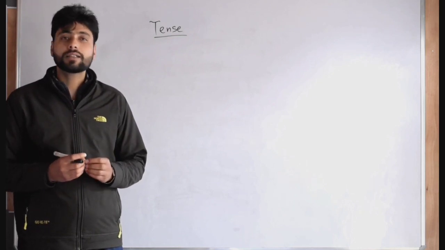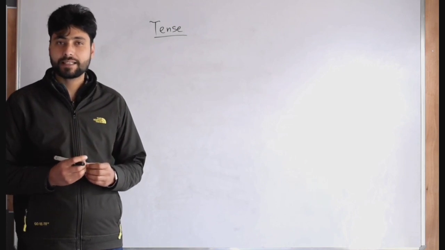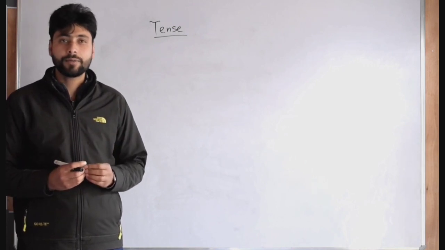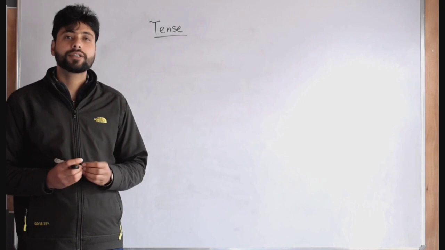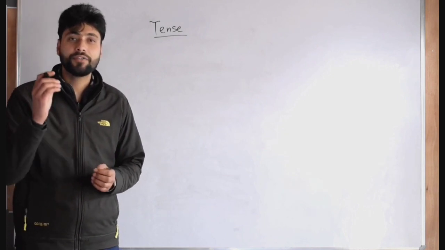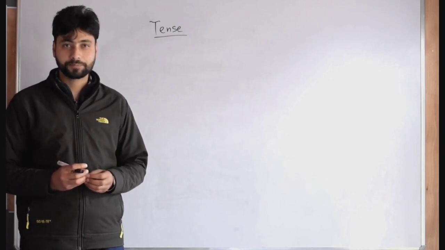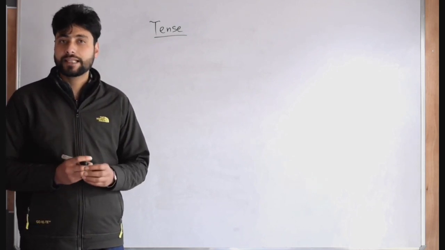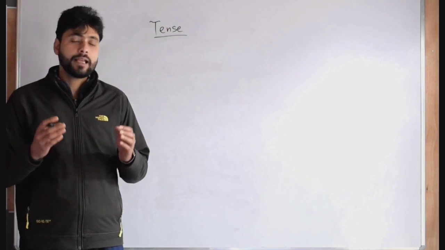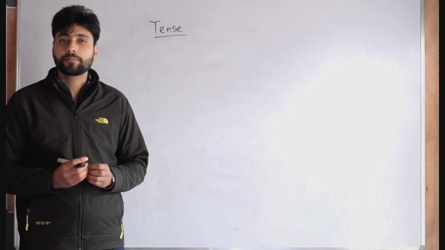We are not going to start our journey of tenses directly, but we are going to embark on the journey of tenses by first focusing on the raw material of the tense. Let me give you an example first. Imagine you want to build a house.